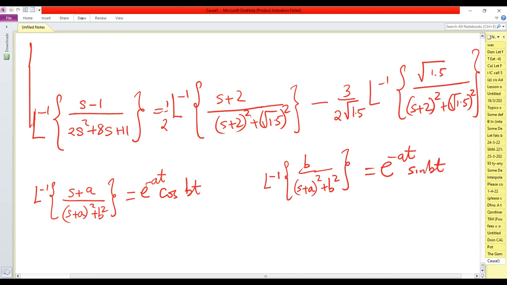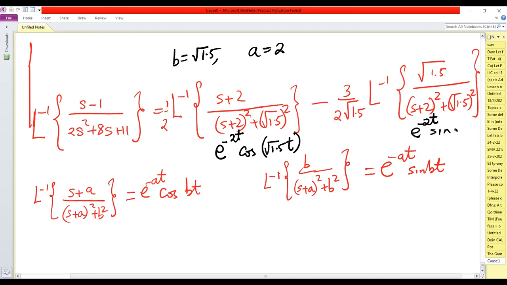So our value of b in these expressions is root 1.5 and our a is 2. Therefore, for the first part here, we'll have e raised to the power negative 2t and then cosine of root 1.5 t. And then here we'll have e raised to the power minus 2t, sine of root 1.5 t.